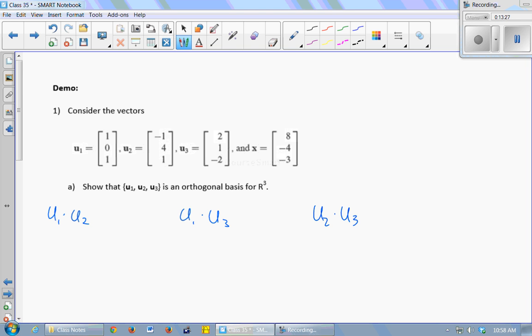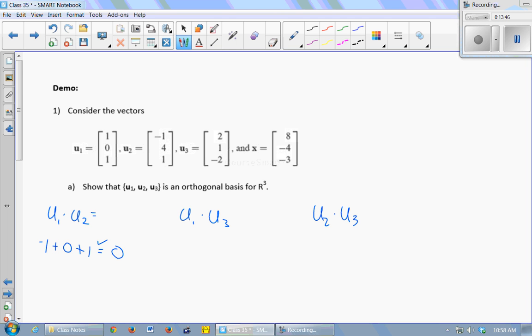So u1 dotted with u2 is going to be -1 plus 0 plus 1, right? You just multiply respective components and add them all up, and that gives you 0. Okay, check. u1 is orthogonal to u2.